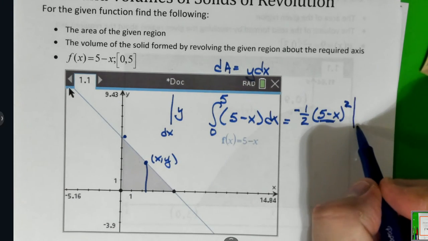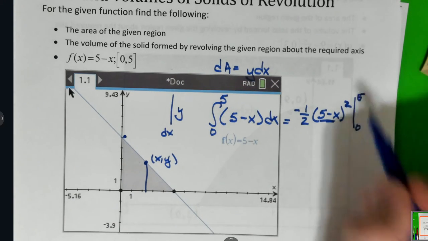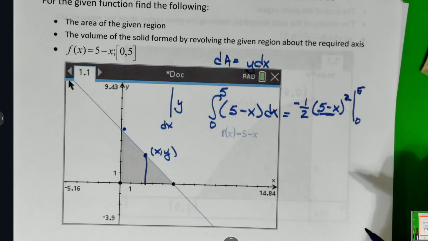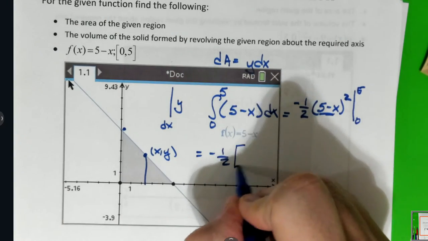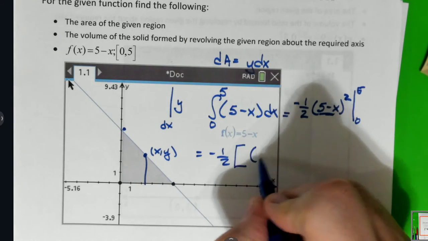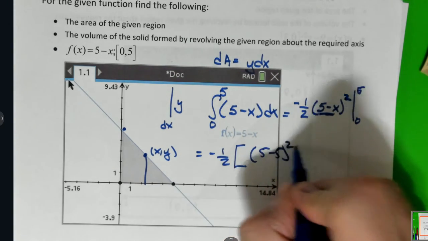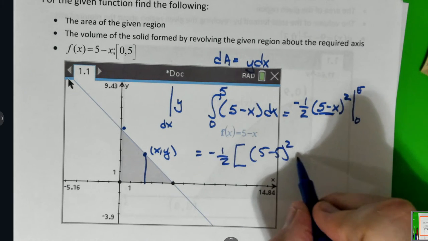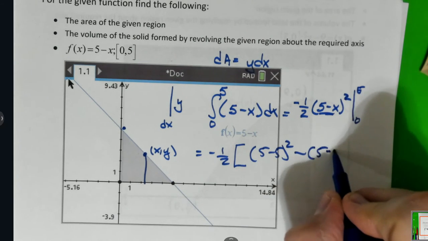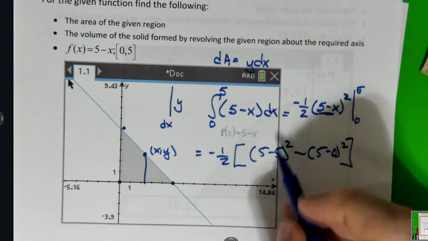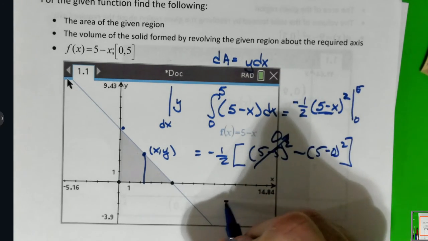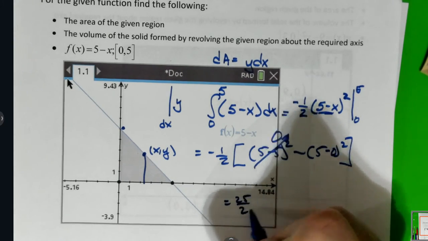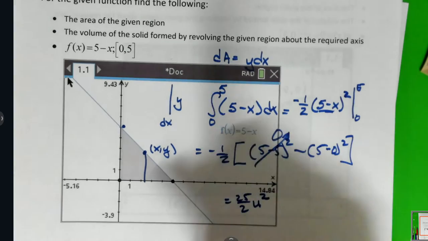And we're going to go from 0 to 5. Okay, so minus 1/2 times 5 minus 5 squared, I hope that's still 0, minus 5 minus 0 squared. That's a whopping 0. This will be a minus 25, so this will be 25 halves square units.